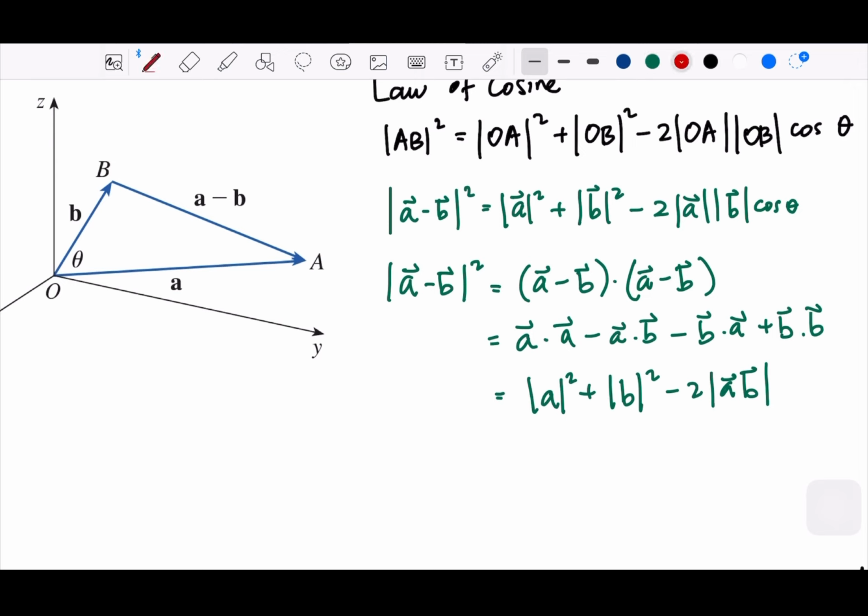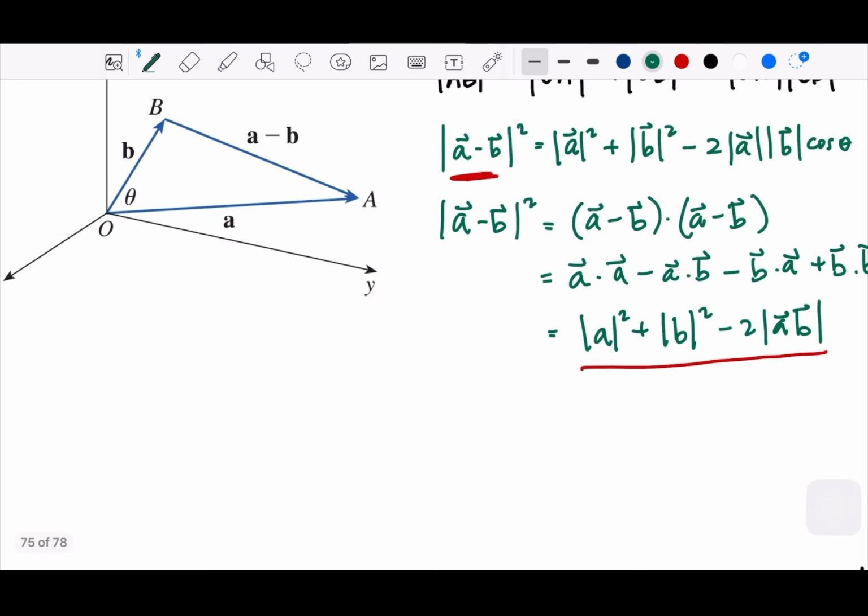So this part here is going to be on the left side, so we can rewrite. Let me use the blue color.